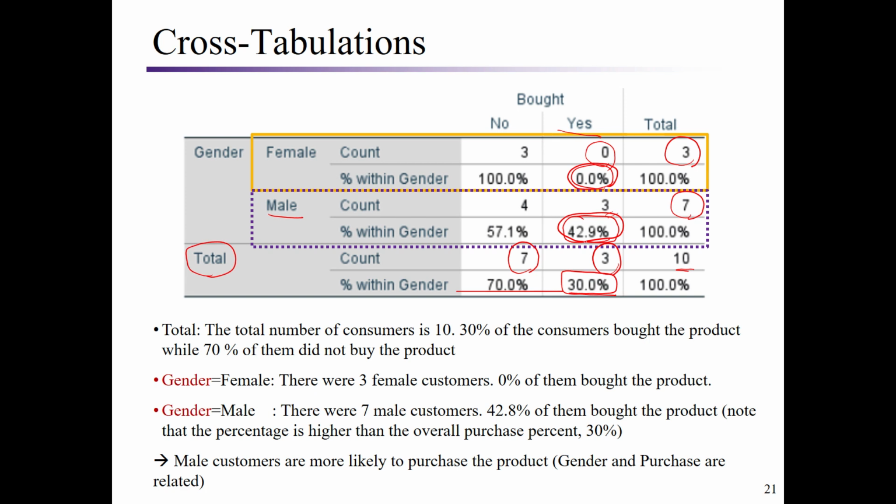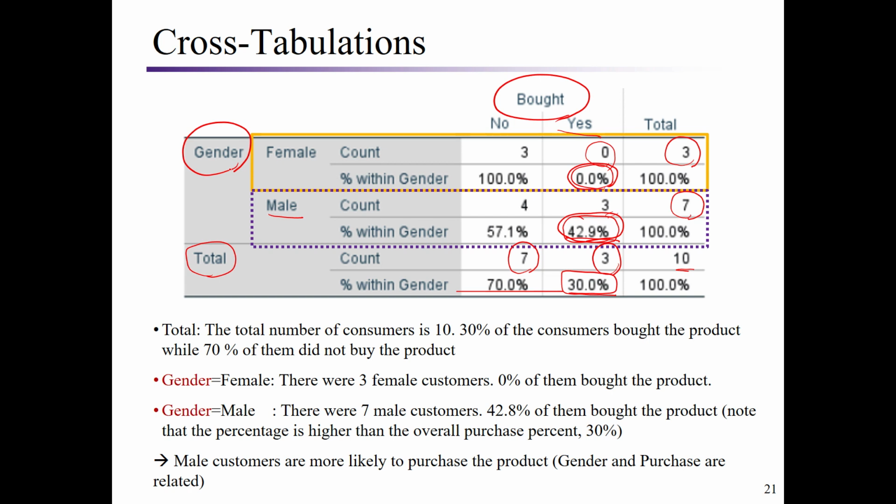So we can tell that male customers are more likely to purchase the product. In this case, we say that the variables gender and bought are related, because depending on the category in gender, the purchase rates are different.